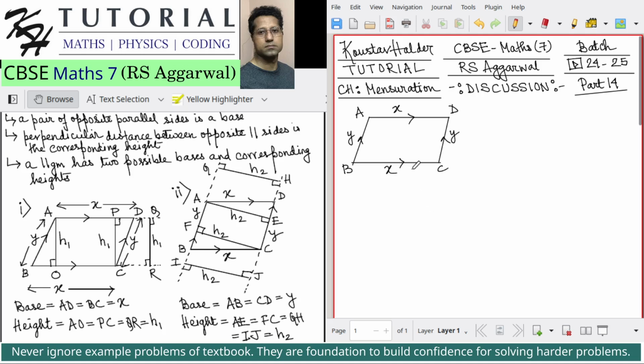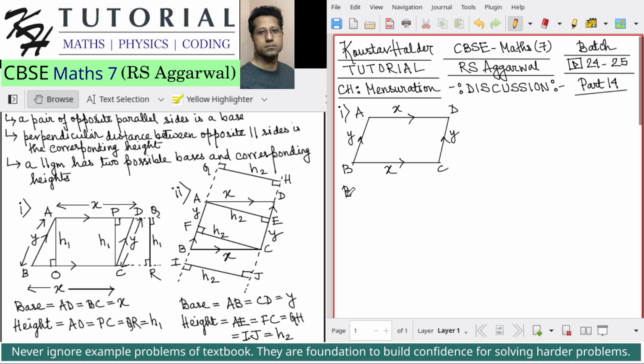Now if I consider the parallel sides AD and BC, then the base will be considered. Okay, I am explaining the base and height as per diagram 1. Okay, so in this case I am considering the opposite parallel sides AD and BC.